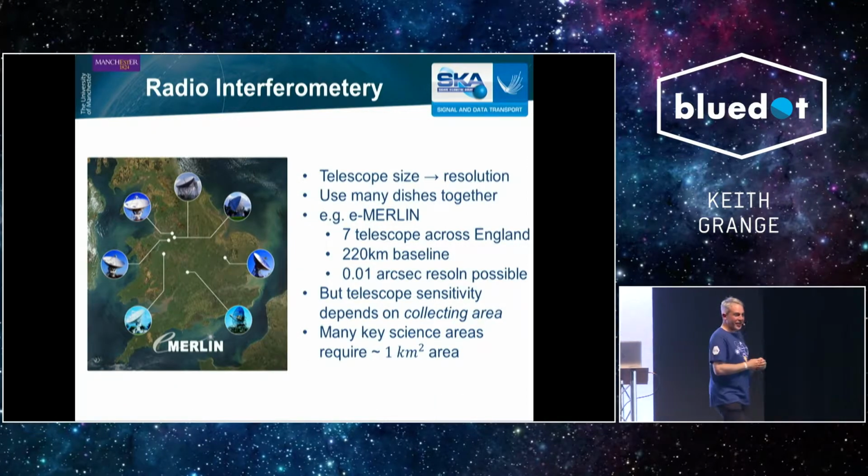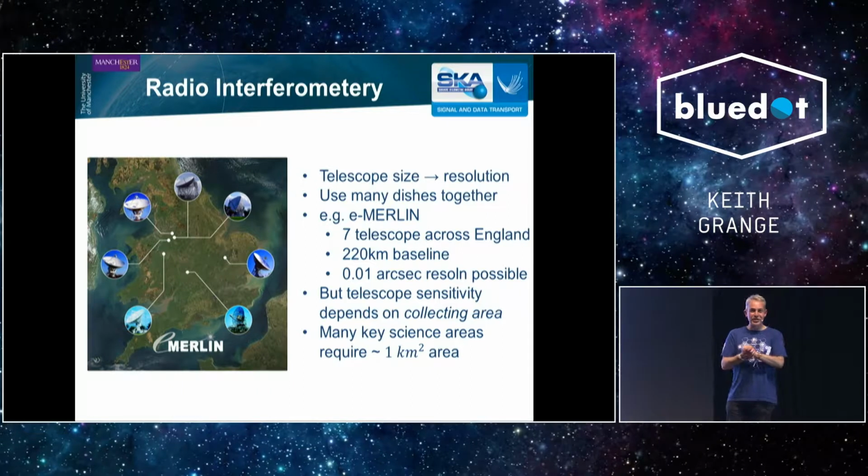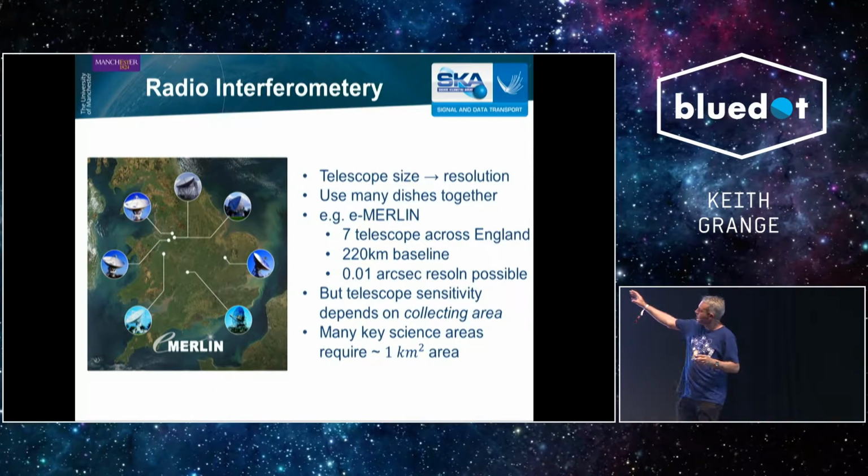Right, so hopefully that's convinced you that we're going to be doing something really exciting with this telescope. How are we going to do it? We're going to use a technique called radio interferometry. This technique is used for some of the telescopes that you see just outside this tent, for example, the e-MERLIN telescope. The idea is that you use several separate radio telescopes and then combine together the signals from those.